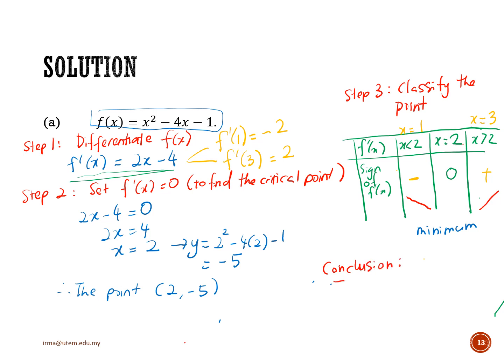The point 2, -5 is a minimum. Alright, so this is for A.